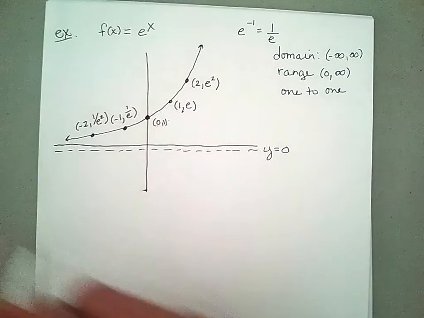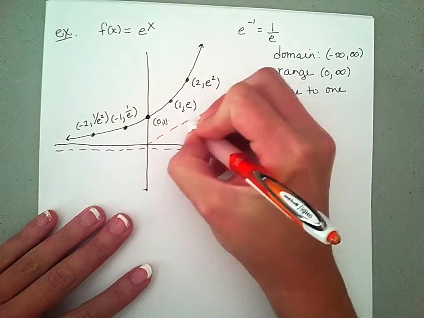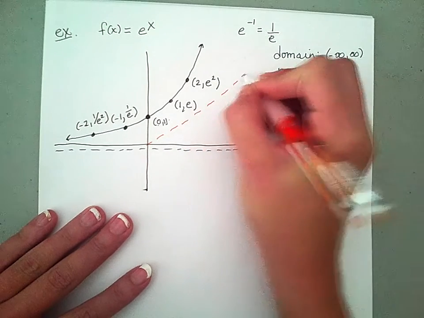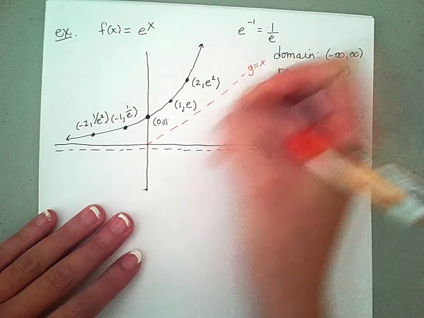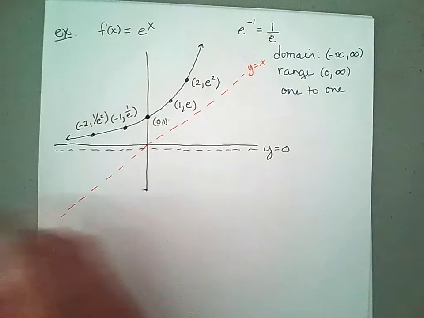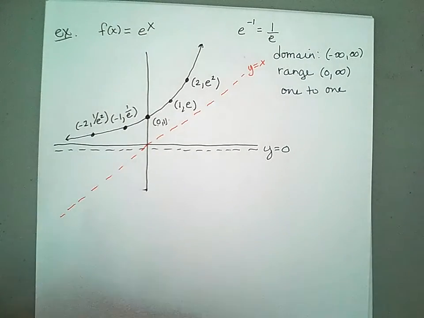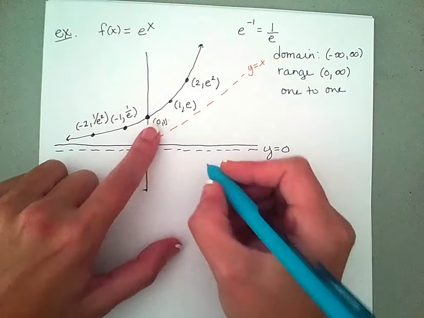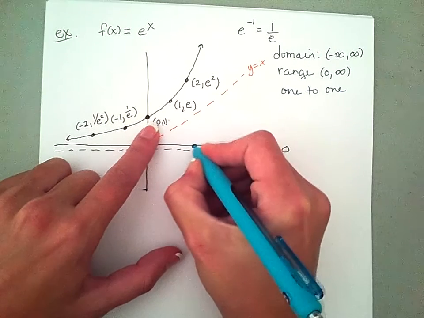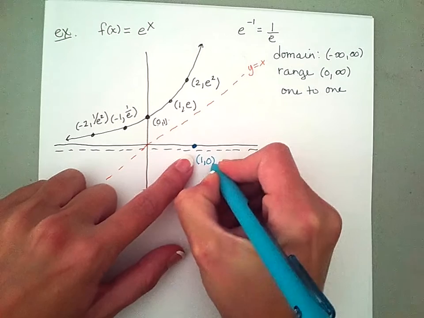Now remember, its inverse would have to be symmetric, just as any other inverse would be, about the line y equals x, which is that 45-degree line. So for its inverse, we flip-flop the points, and this would become an x-intercept of (1, 0).